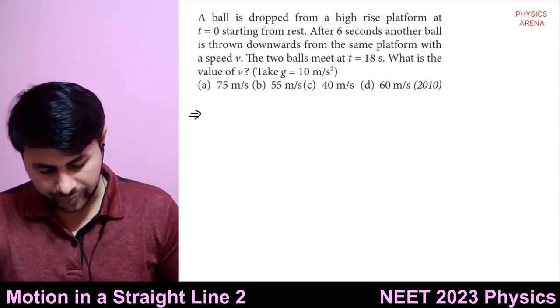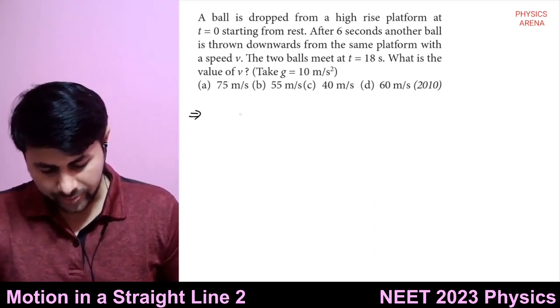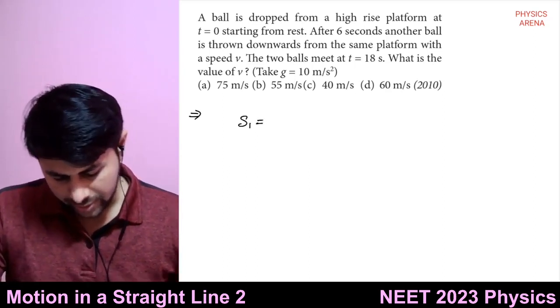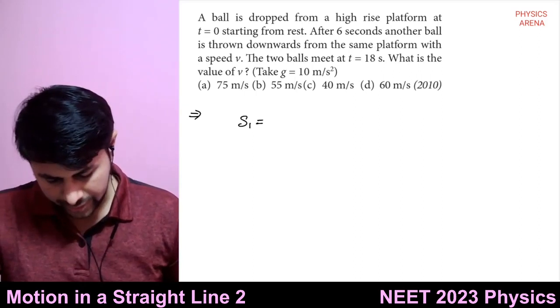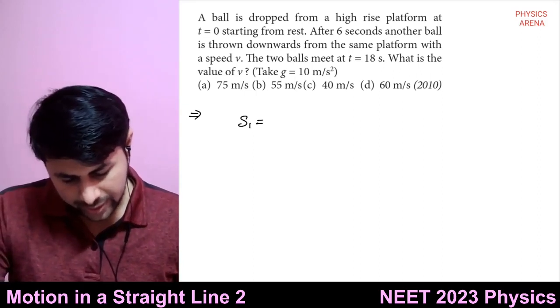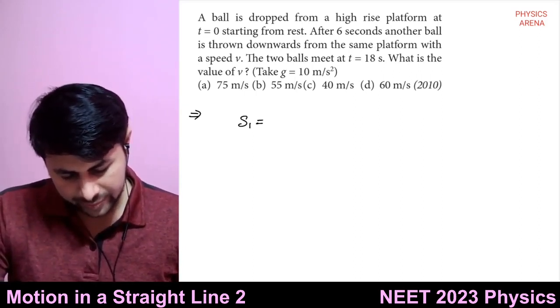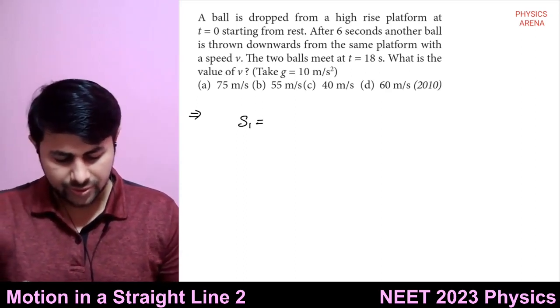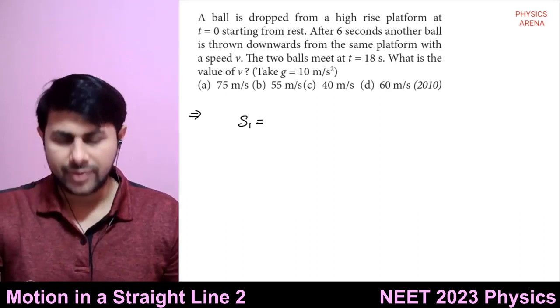See, a ball is dropped. For the first ball, the second ball is dropped after 6 seconds. Can I say s1 is equal to ut plus half of at square?